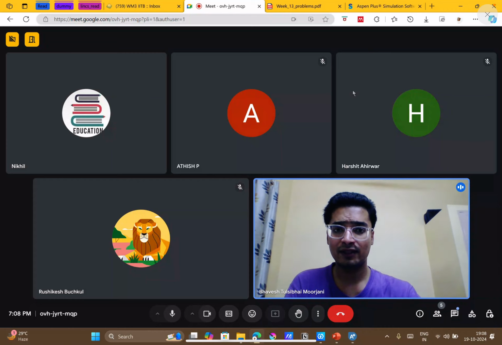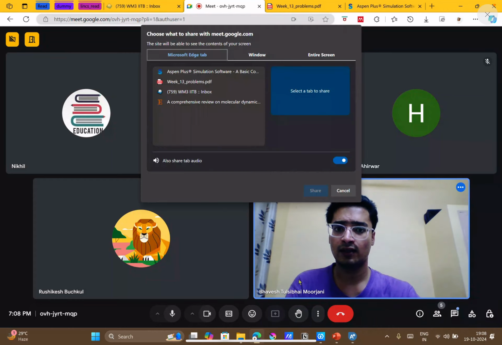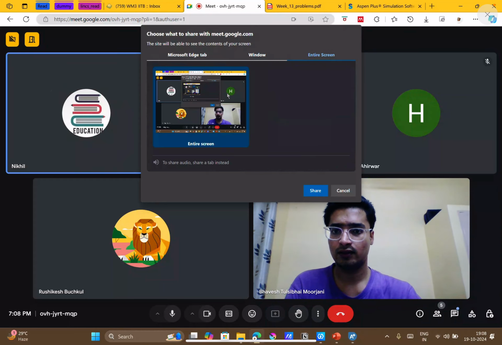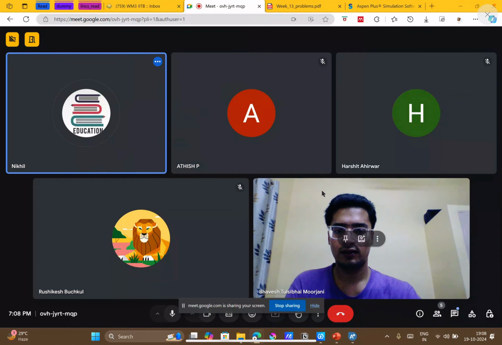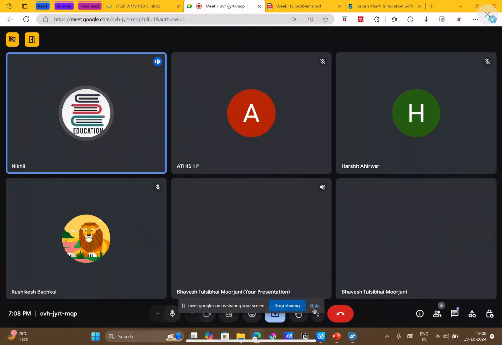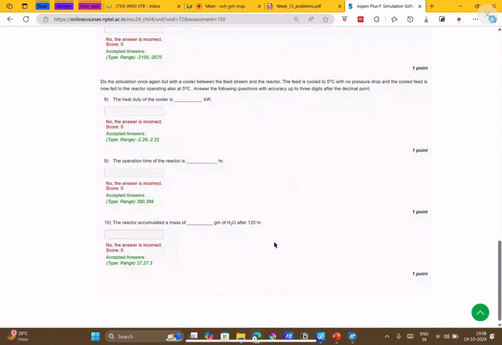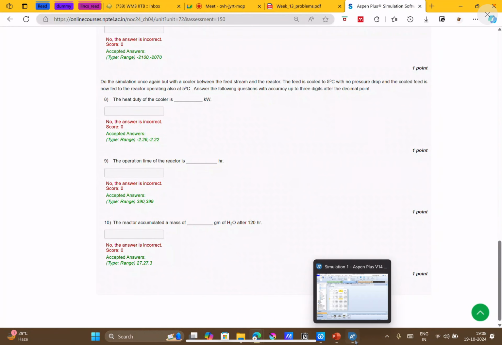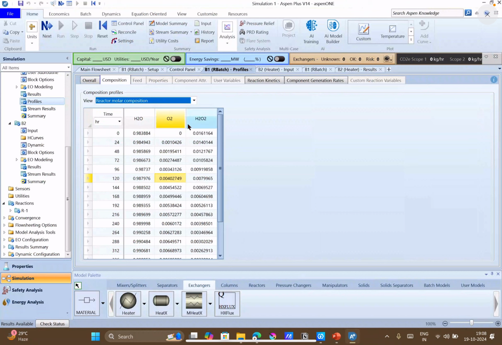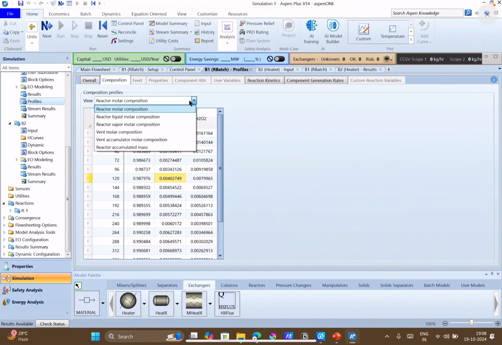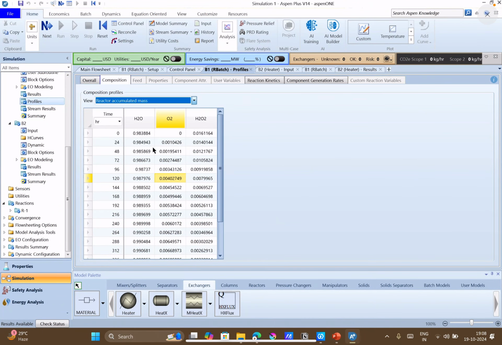Coming back to your problem, I was looking for this accumulation of mass. Do you know where the accumulation is provided here? Oh yeah, reactor accumulated mass, and we want it in gram.